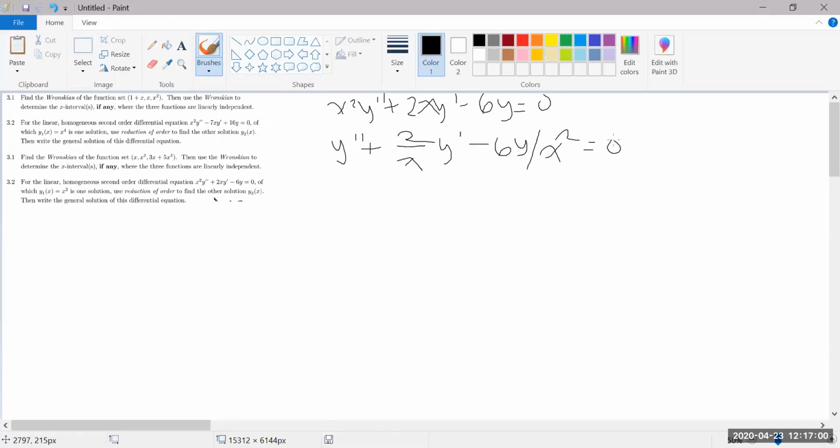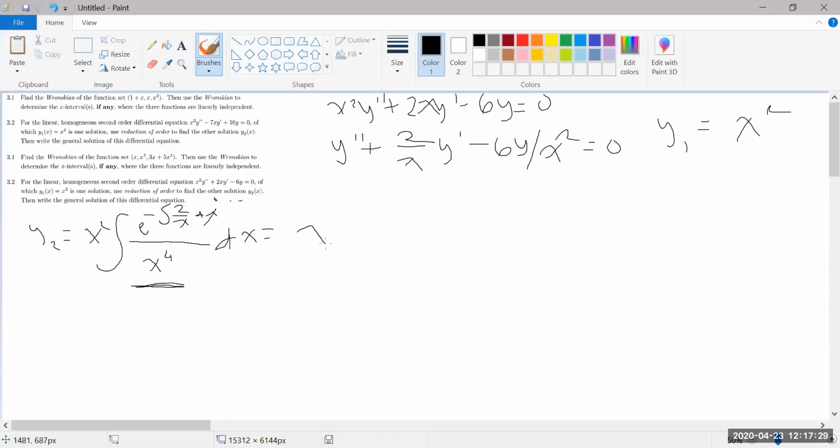Again, we're going to use that same formula, given that our y1 equals x squared. Okay, so we know that y2 is going to equal x squared times the integral of e to the negative integral of 2 over x dx, all divided by x to the fourth, because it's y1 squared down here.